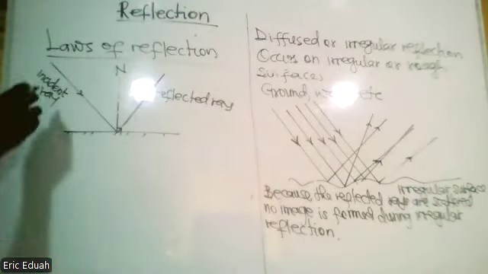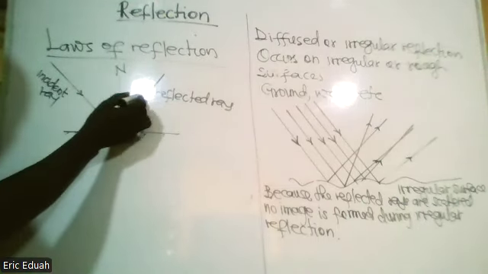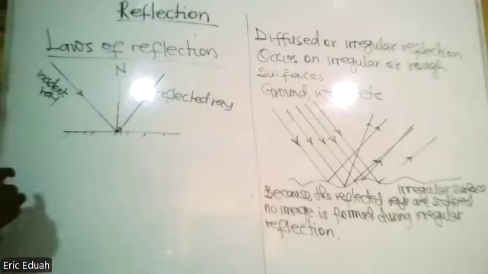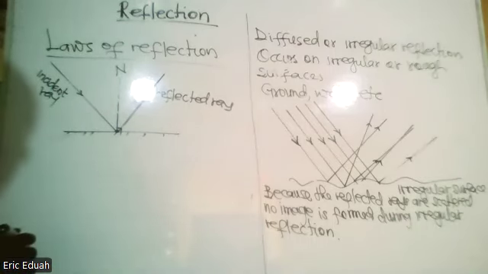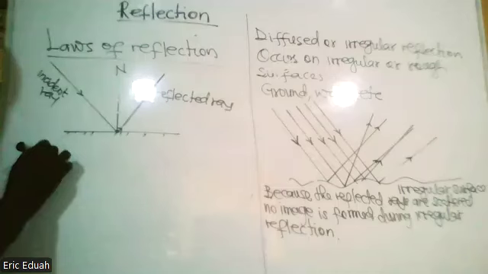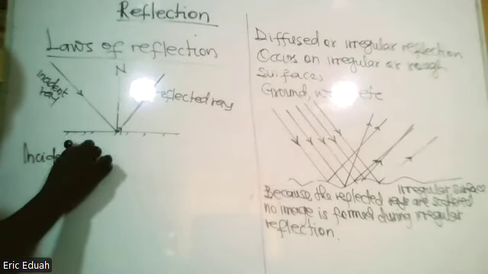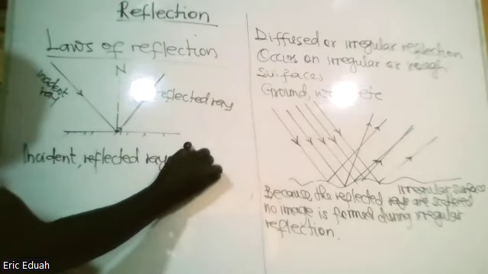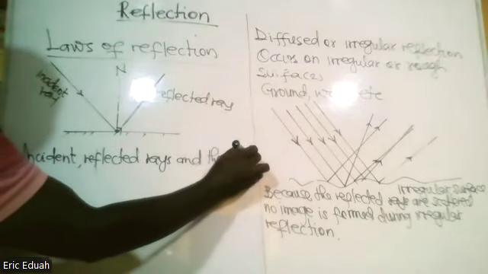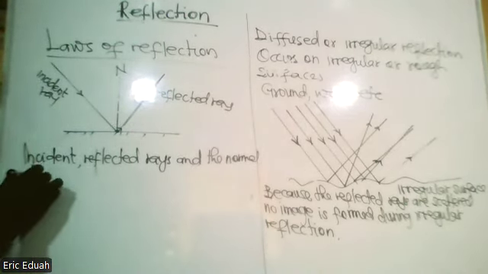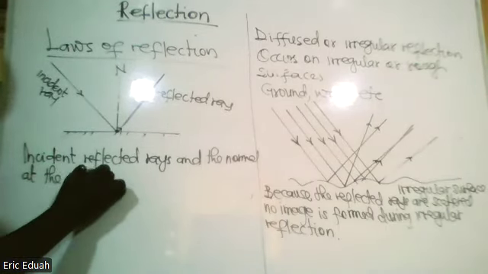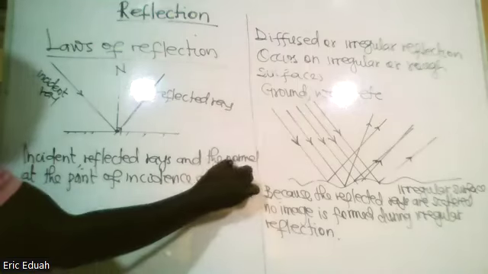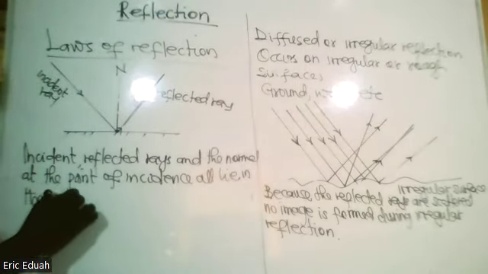Now the first law says that the incident ray, the reflected ray, and the normal at the point of incidence all lie in the same plane. This is the first law.